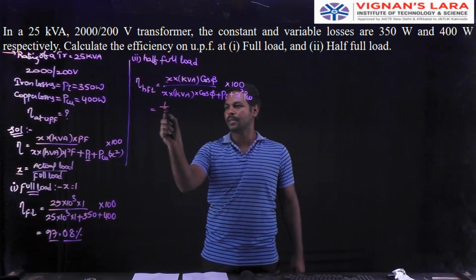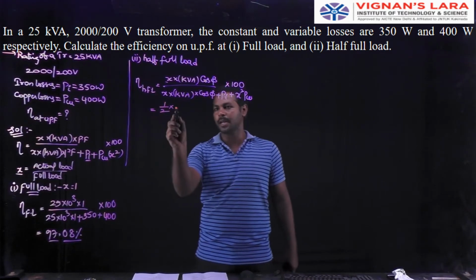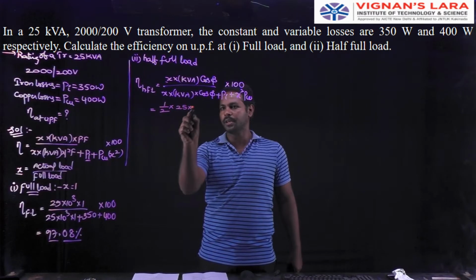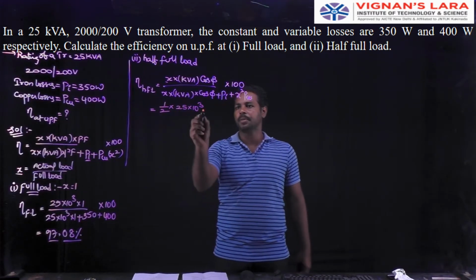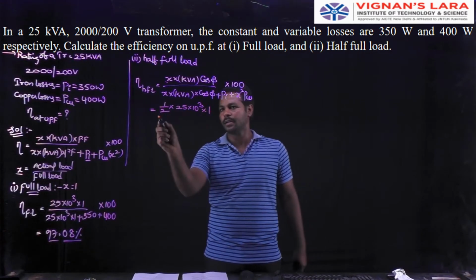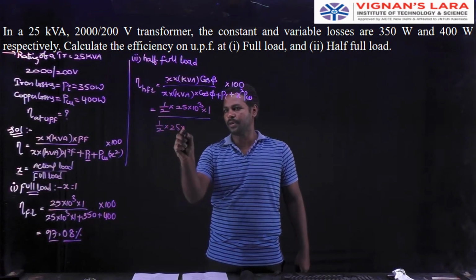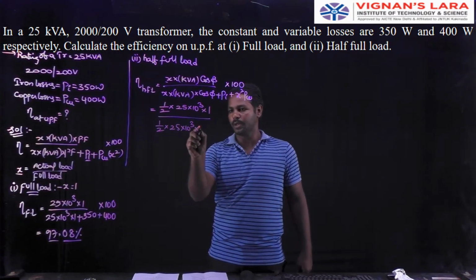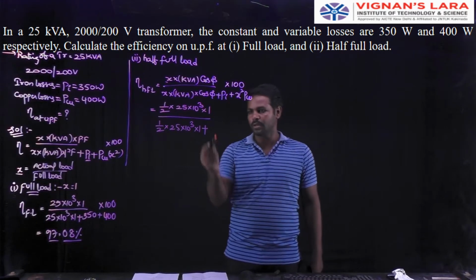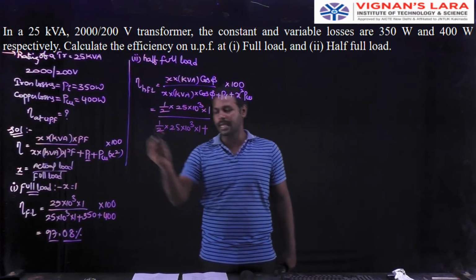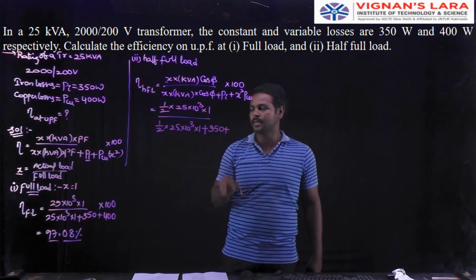So 1 by 2 multiplied with the kVA rating, 25 into 10 cube into unity power factor, divided by half into 25 into 10 cube into 1 plus iron losses. Iron losses are always independent of load, so they are constant: Pi is equal to 350 plus X square.